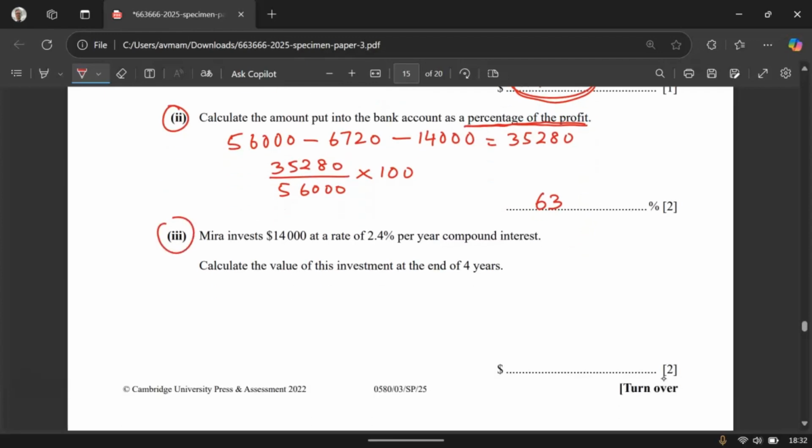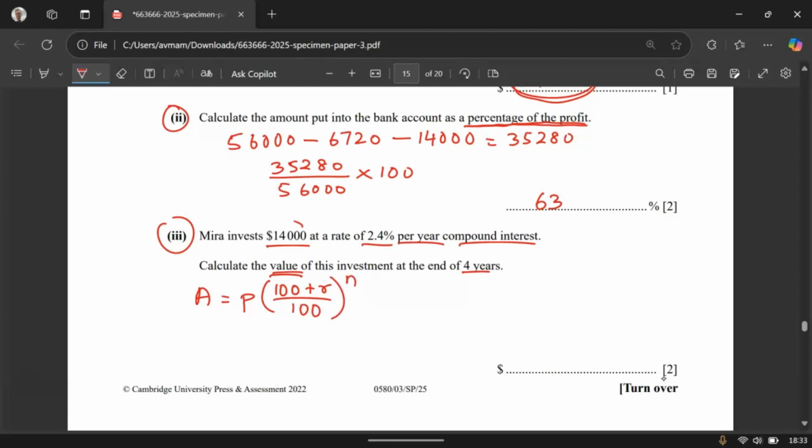Let us go to question number 3. Mira invests $14,000 at a rate of 2.4% per year compound interest. Calculate the value of this investment at the end of 4 years. So the compound interest formula is principal times 100 plus r over 100 to the power of n.